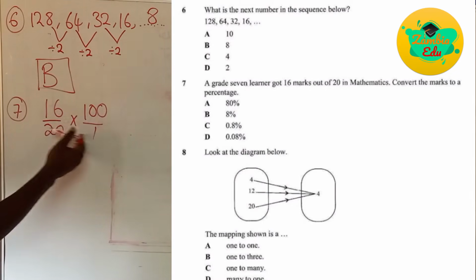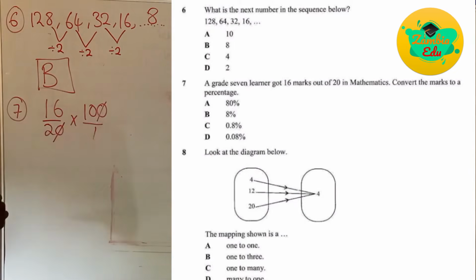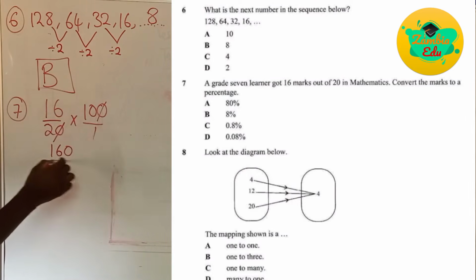You can even do over 1 if you like. Then you see what is common from the diagonals. 0 and 0 is common. Then 16 times 10, you get 160 over 2. 2 into 2 is 1, 2 into 16 is 8. So our answer is 80, and then you add the percentage sign.